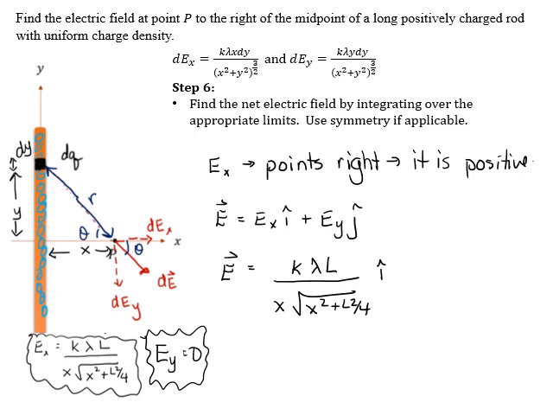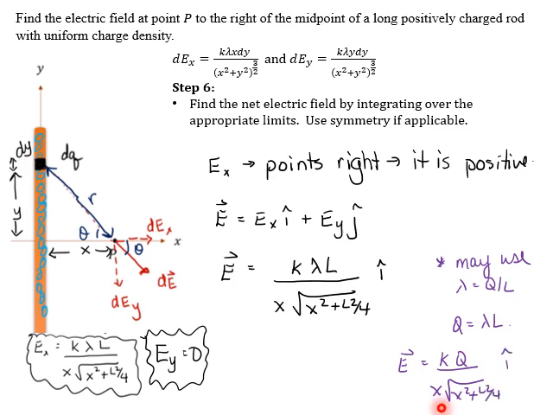One additional step you could take here if you wished. You might remember that lambda is Q over L, so you could fill in that Q is equal to lambda times L here, and that would give you your electric field equals k times Q over x times square root of x squared plus L squared over 4. That would be an acceptable thing to do as well.